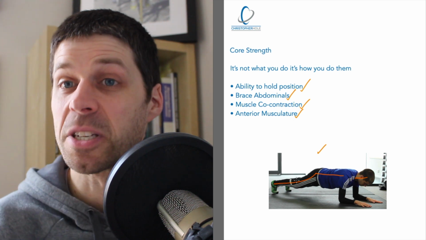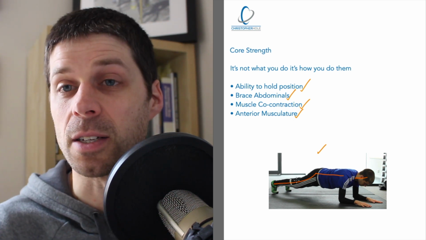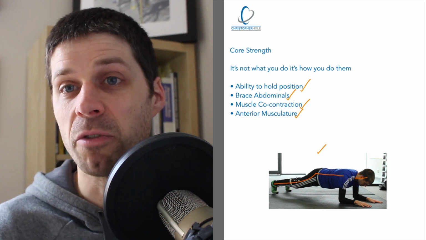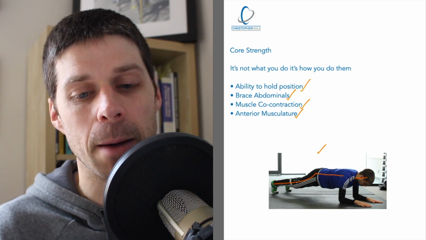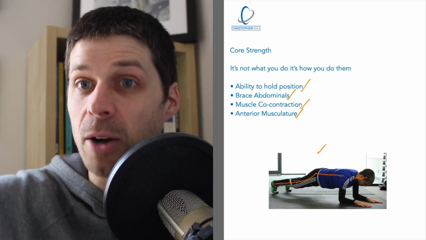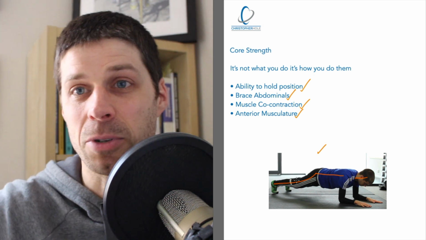That's essentially the position that I'm looking to hold. So I hold that position, write down the time, and then move on. If it was 10 seconds, 15 seconds, then we might have some core strength to build. But if I'm holding 1 minute, 2 minutes, even 3 minutes, that's absolutely fine.